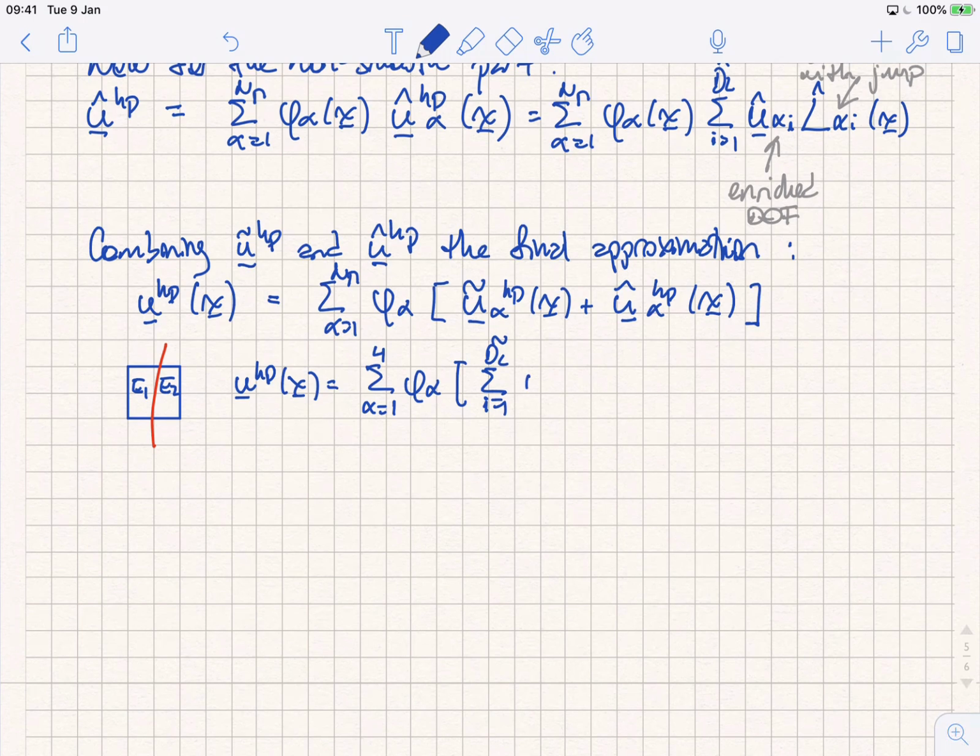And if you remember, these are my degrees of freedom, u alpha I. And then I multiply by my smooth shape functions. And then I have the other component, the L hat, u hat alpha I multiplied by L hat alpha I.